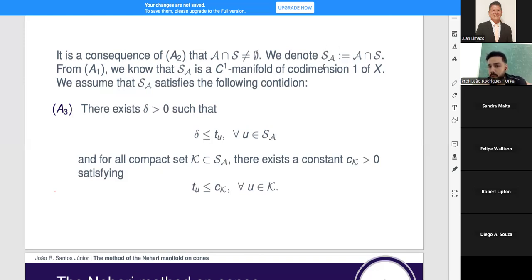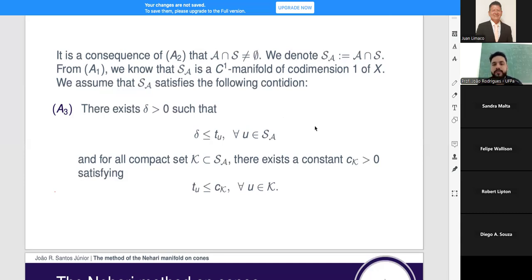This is a C1 manifold because the unit sphere of the space is a C1 manifold, since we are requesting the hypothesis A1, and we will prove that our Nehari set is homeomorphic exactly to this set S_A, to this C1 manifold.